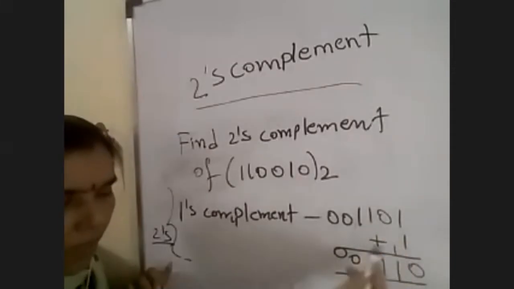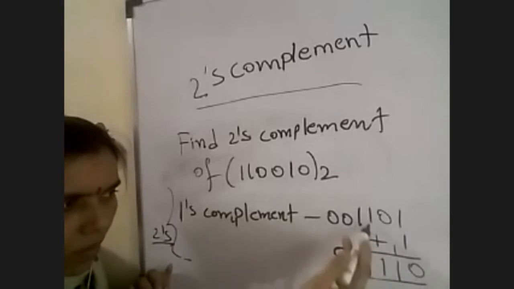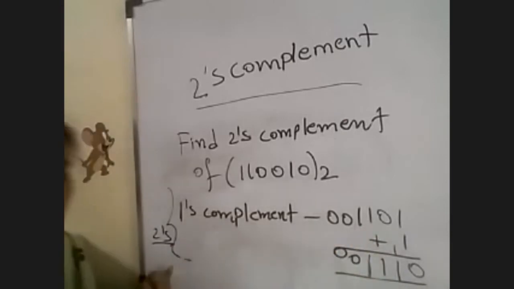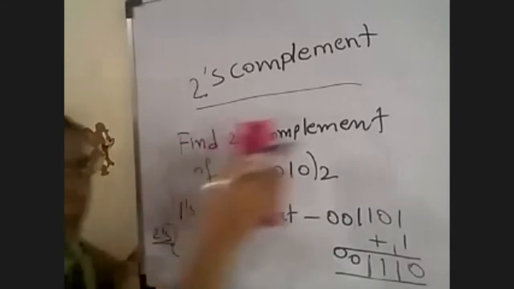Then you add 1 to this one's complement, carrying where needed. Like this you can perform the addition. For that addition, I will tell you how you can perform it.